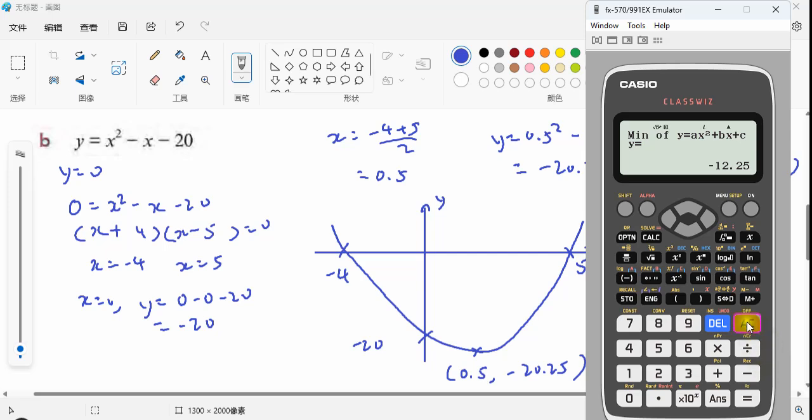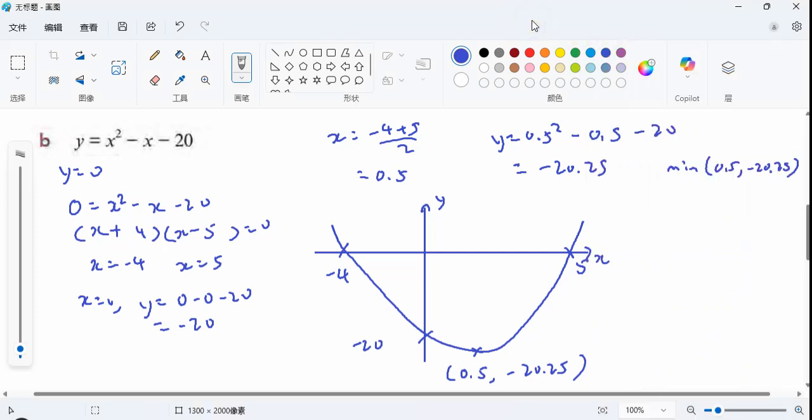So for this one also, we have 1, -1, and -20. So they will tell us the roots are 5 and -4, and the minimum point is when x equals half, this is 0.5, and the y is -20.25.